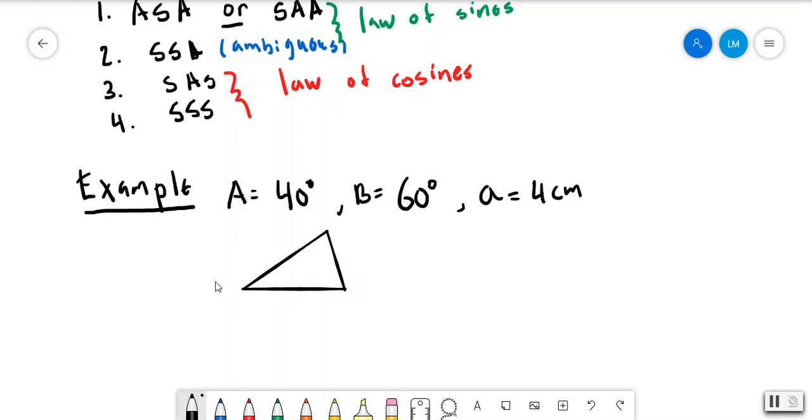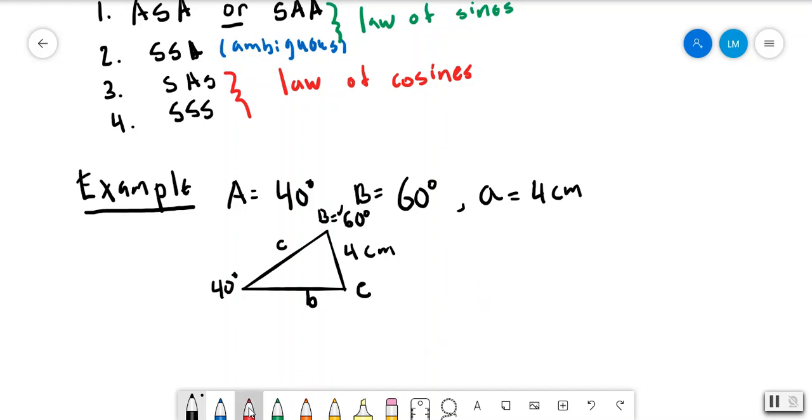We know that this angle is 40 degrees. We know that this side right here is 4 centimeters. But we don't know what side B is, so this is side B. And we don't know what angle C is. For that matter, we don't know what side C is either.